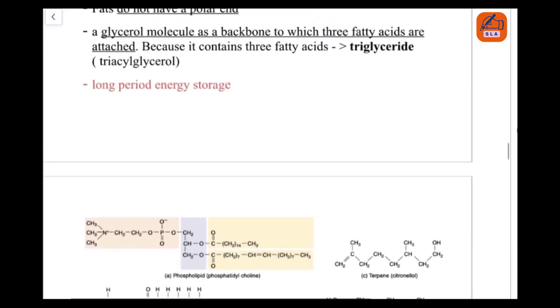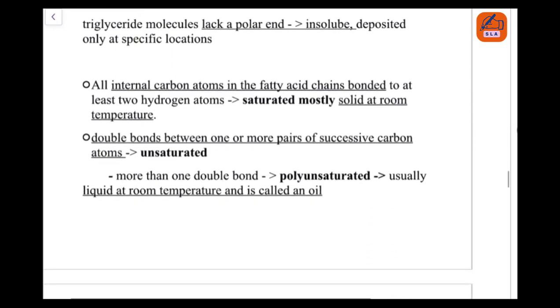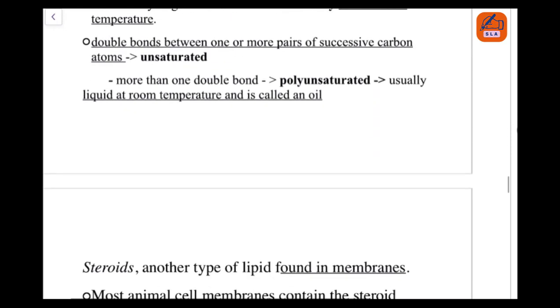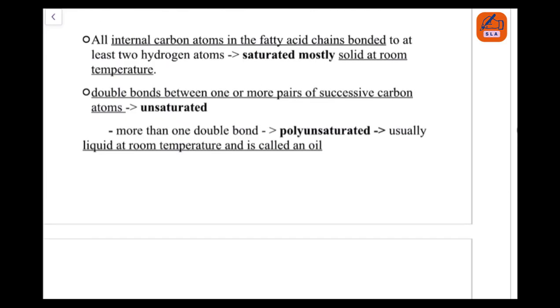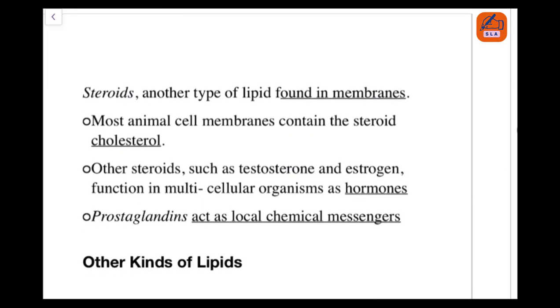We talked about fats as well, and functions of the fat. We say that we have a concept of saturated and unsaturated lipids. We add more to our lesson, and we talk about steroids.